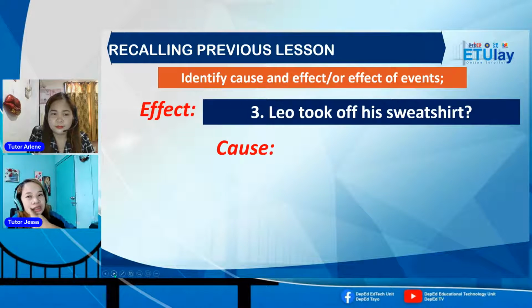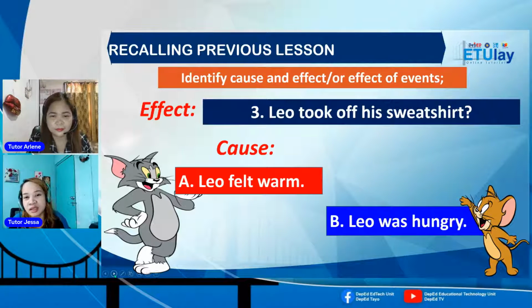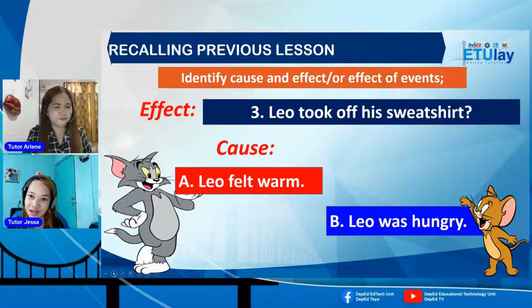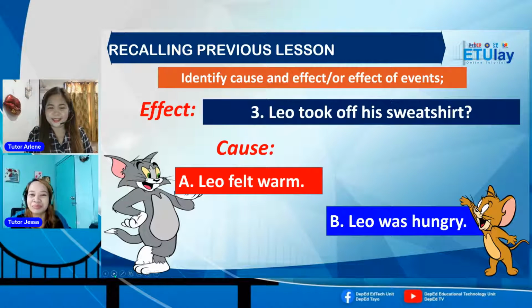What do you think is the cause for this one? A, is it because Leo felt warm? Or B, is it because Leo was hungry? Okay, so is it A or B? Tutor Arlene. Okay, kids, for number 3, is it A or letter B? Ayan, ang bilis sumagot talaga ni Prince Ed.